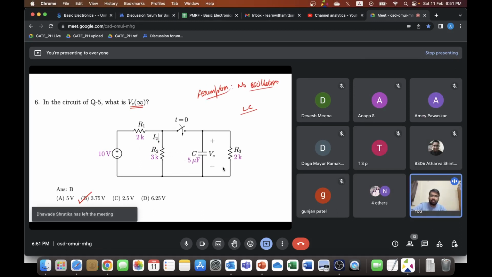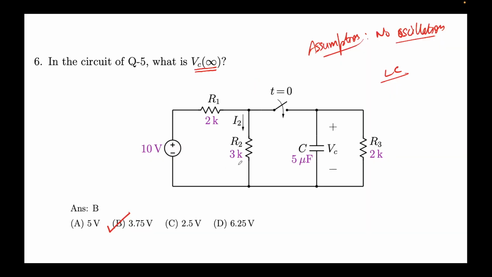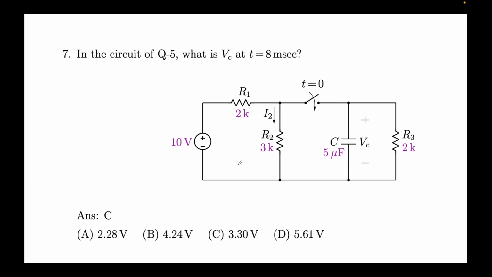Okay, so if no doubts, then we'll go ahead and solve the next part of this problem. Problem 7, again the same circuit. It asks, what is Vc at t equal to 8 milliseconds, right? If I remember, we had calculated tau, that was 3.75 milliseconds, I think.